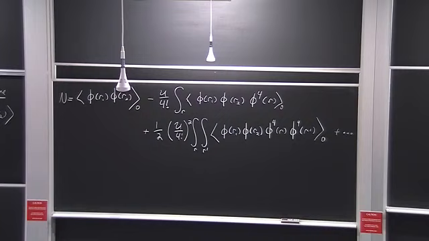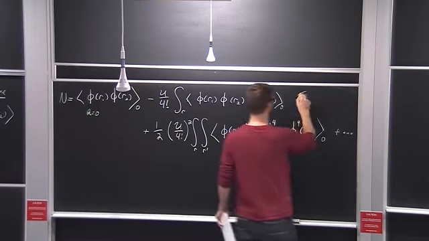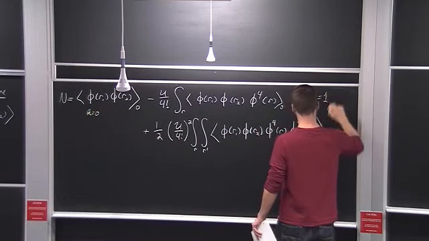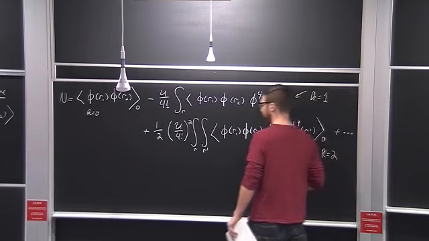And last time we ended up evaluating this to first order in k. So remember, this is k equals 0, this is k equals 1, this is k equals 2.